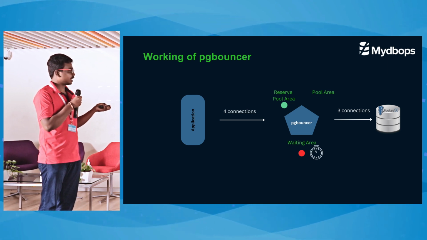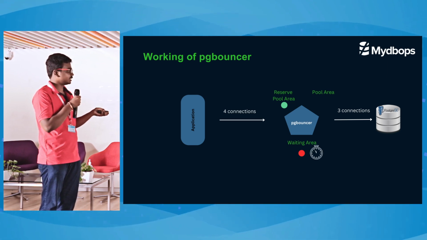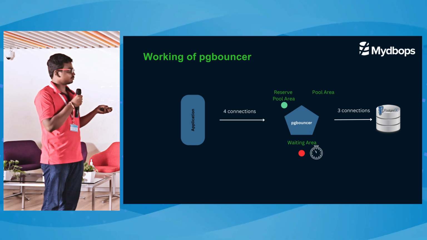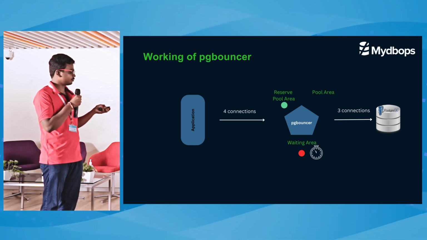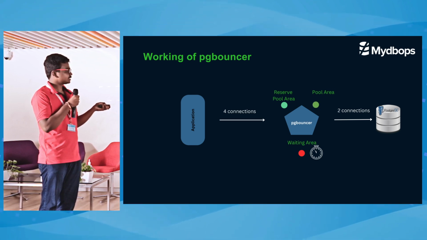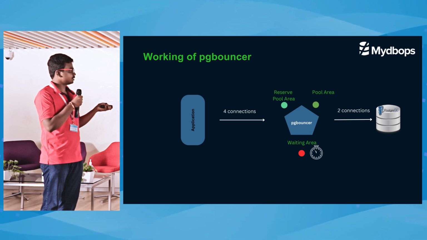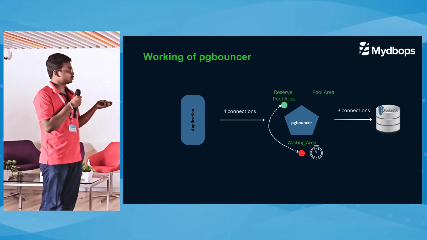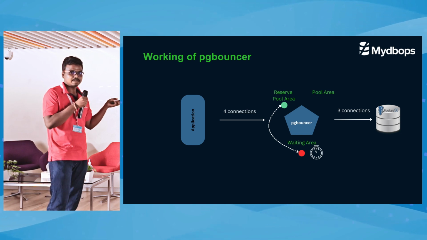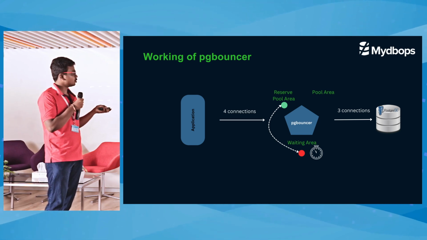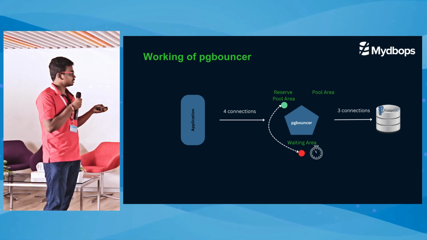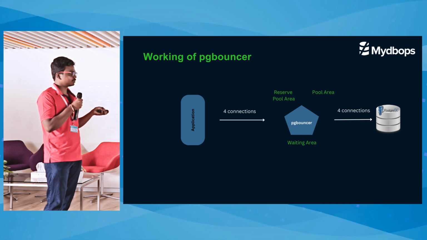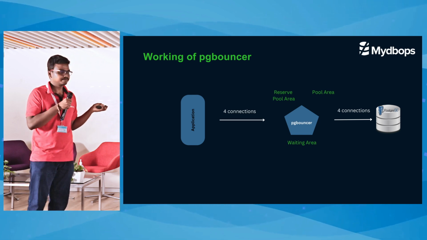As per my timeout, it will wait for 10 seconds. If a connection becomes available before 10 seconds, it will make use of it. In case that doesn't happen and it times out, it will go to the reserve pool and the connections will be served. So this is the overall idea.